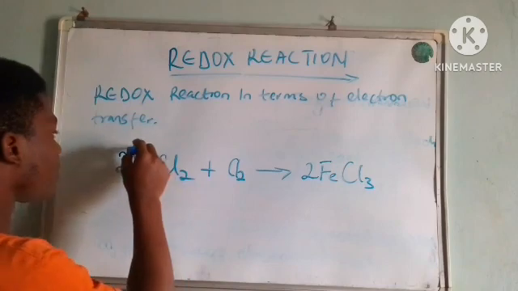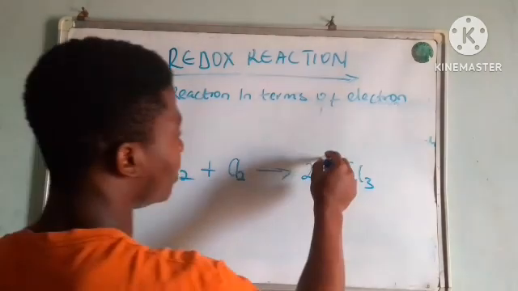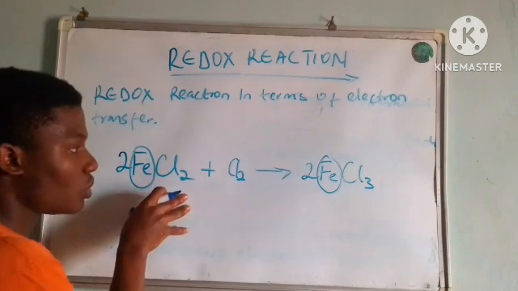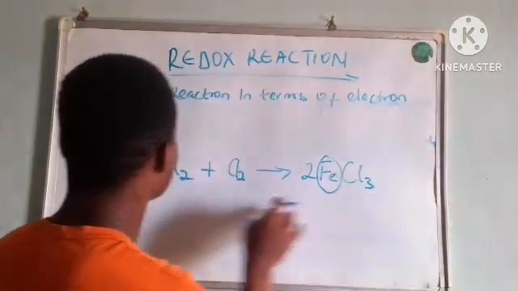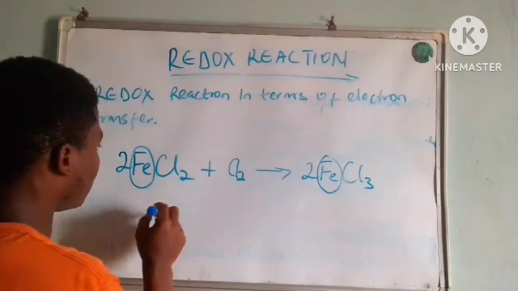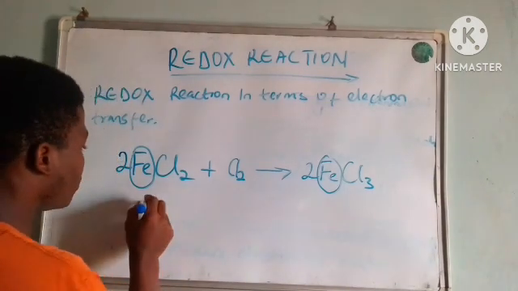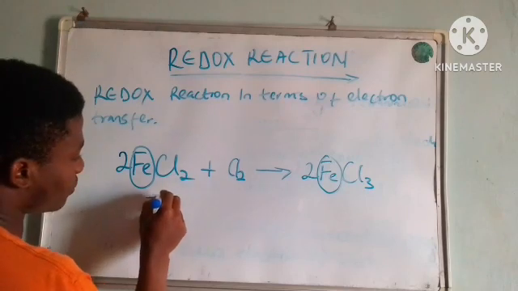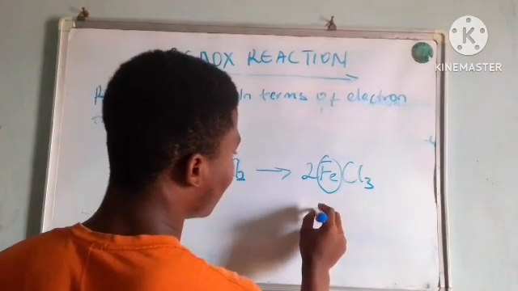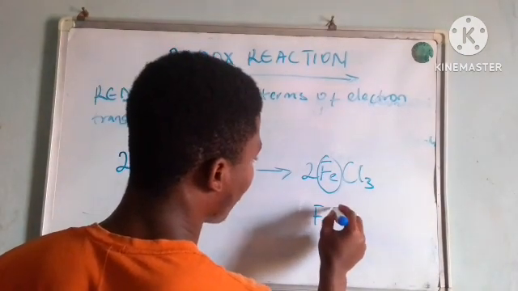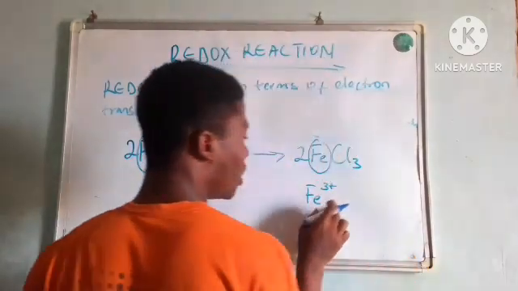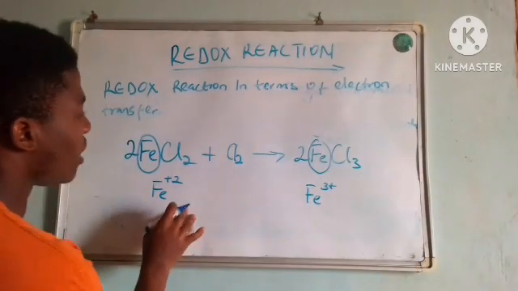So we'll be checking this and this, and from here we've been told that this is iron 2 chloride and this is iron 3 chloride. Iron 2 chloride has this ion, whereas this has this ion. So here we have iron 3 and here we have iron 2.